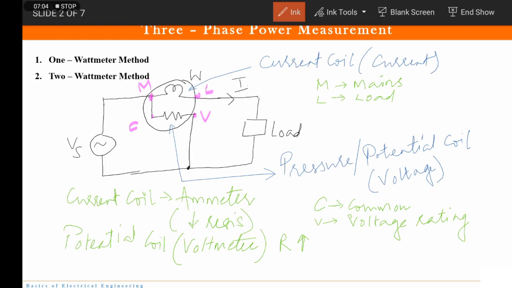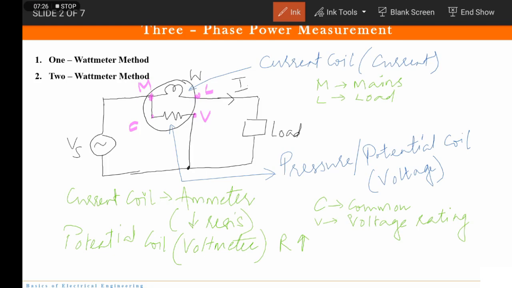Okay, fine. And as I said, the resistance of the current coil is small, but its cross-sectional area is large, and it has fewer turns. Fine. Now the wattmeter reading depends on its connection.